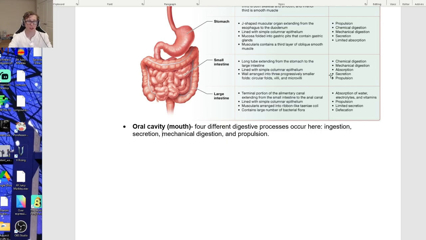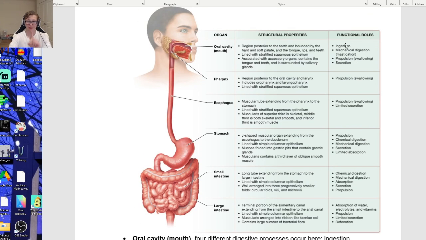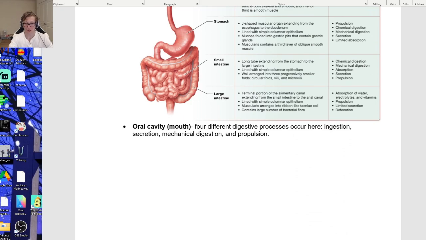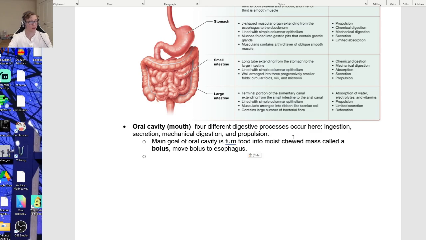There are 4 different digestive processes that occur here: ingestion, mechanical digestion, propulsion (swallowing), and secretion. Let's talk about it. Now, you can see that some of these words here are bolded. Think of these as key terms to know, or maybe fancy terms that show up in this system.